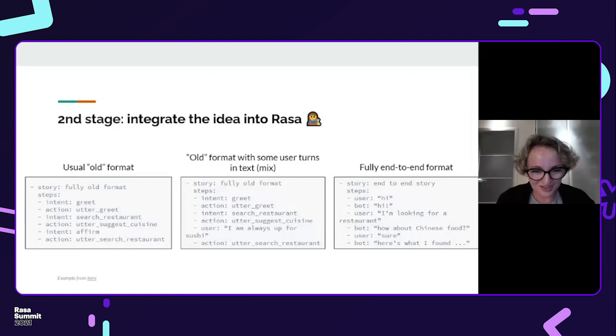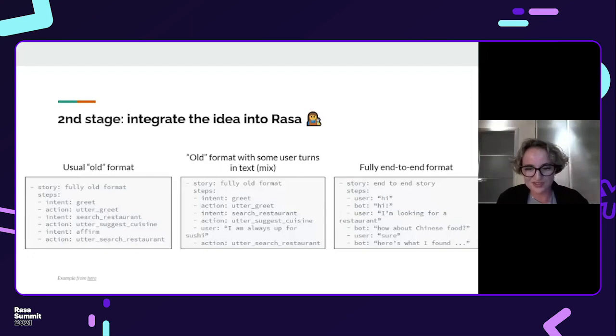Then the one in the middle is somewhat like a mix of having some text, but also some intents and actions. As you see here, most of it is exactly like the story on the left, but there is just one user phrase inserted.